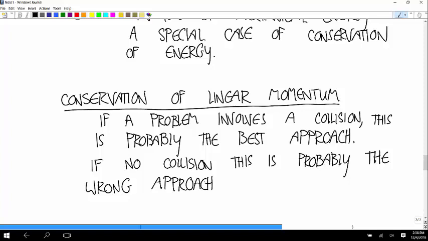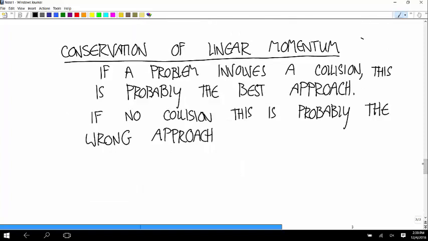Conservation of linear momentum says that under certain conditions, this property called linear momentum is conserved. So at one instant, the linear momentum is the same as at a later instant. So let's first talk about what linear momentum is. We need to know how to calculate that.